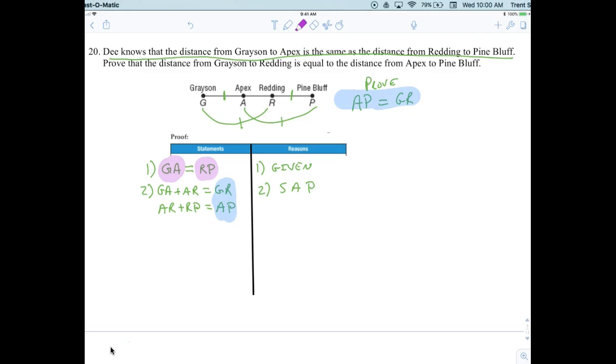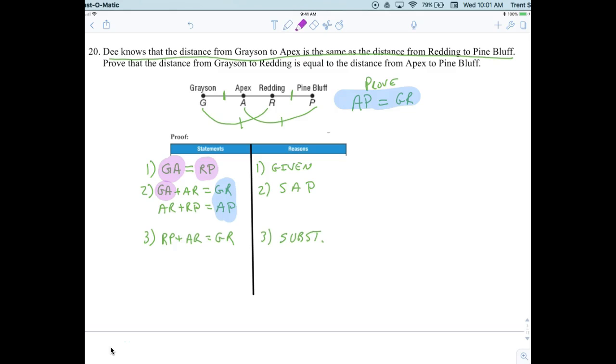That's right. Let's switch GA with RP. So right here is GA. I'm going to change that to RP. So RP plus AR is equal to what? GR. And that's simply a what? Substitution. So we okay with that?